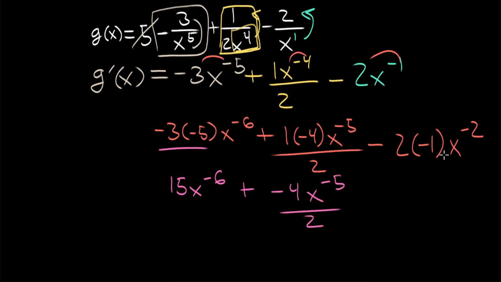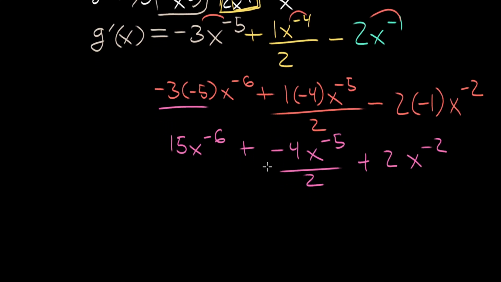Remember, got to keep that. And then this just equals plus, because this is a negative sign, so we could just change the sign, plus 2x to the -2. And at this point, we want to just go ahead and move everything to the bottom. And that's what we'll have our answer.